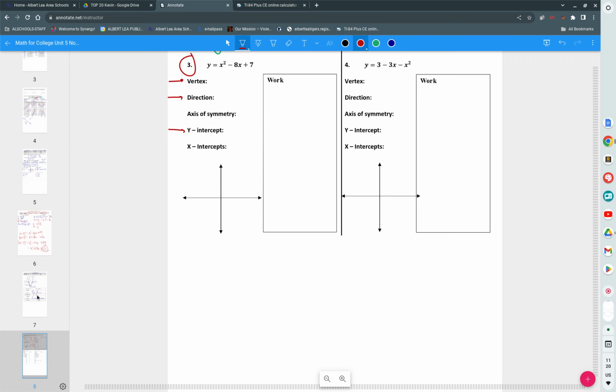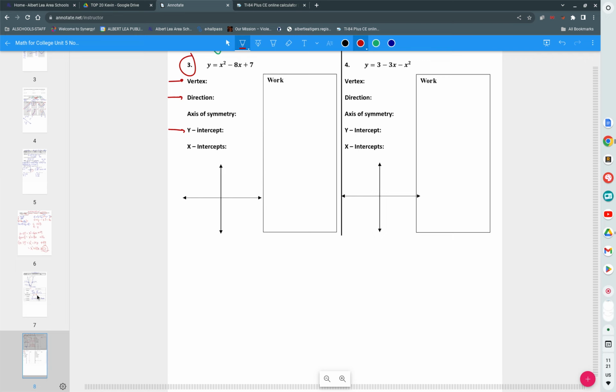You get the y value. You take 4 and plug it back, so it would be 4 squared. Is it going up or down?